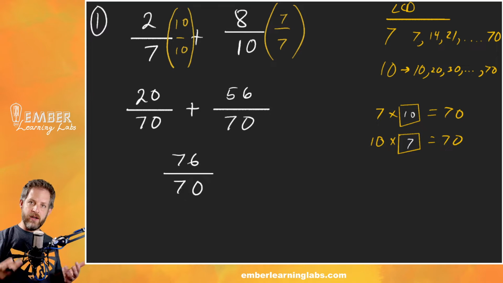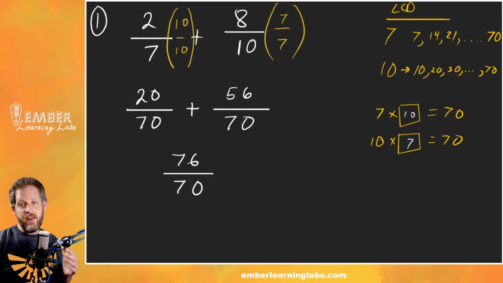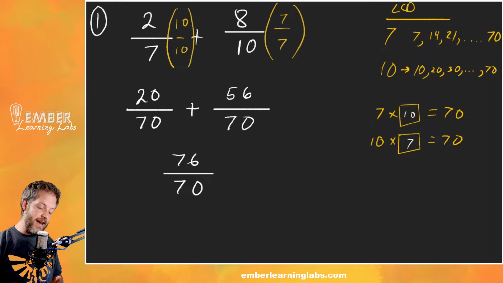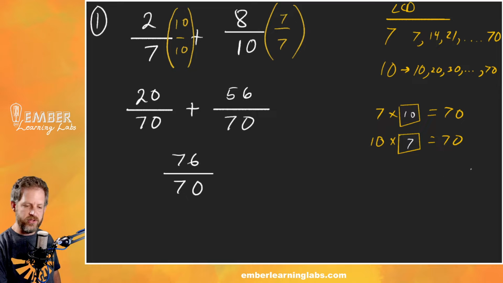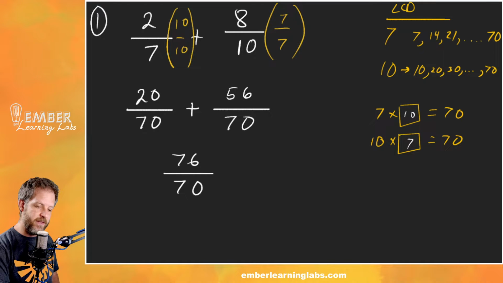Now, at this point in our math career, there's going to be some times later, once we get to Algebra 1 and some of those things, that we like improper fractions. But for right now, we don't really like improper fractions. You can either reduce now or you can reduce later. So let's do a reduce-now step on this one, because both of these are even, so we can definitely divide by 2.